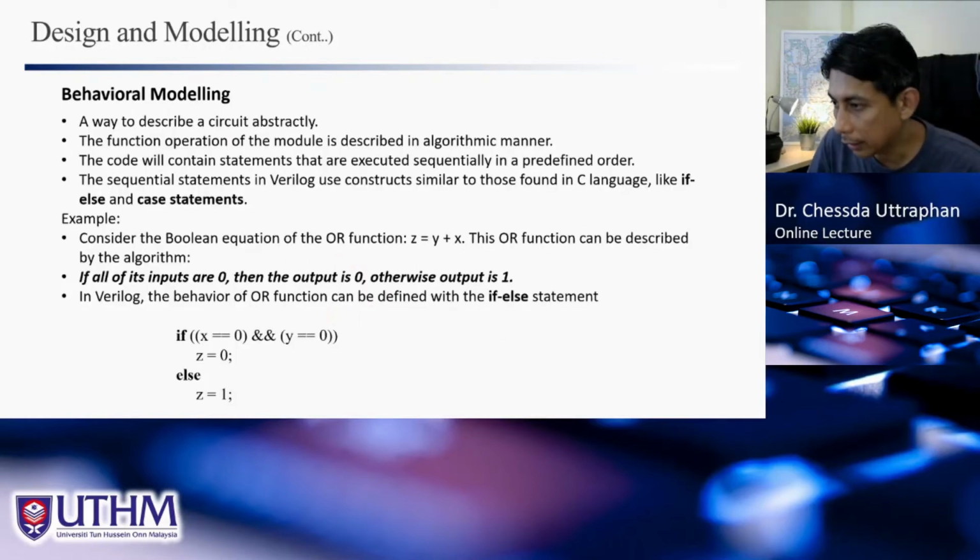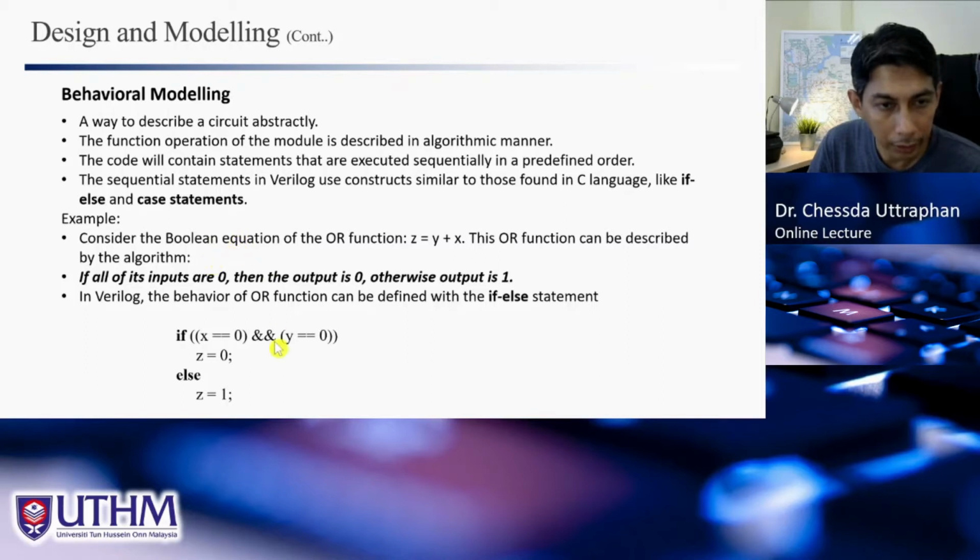And let's look at behavioral modeling. Again, you have been introduced to behavioral modeling before, where we use sequential statements, and of course, if we use sequential statements, we need to use an always block. We need to describe the circuit in the always block.